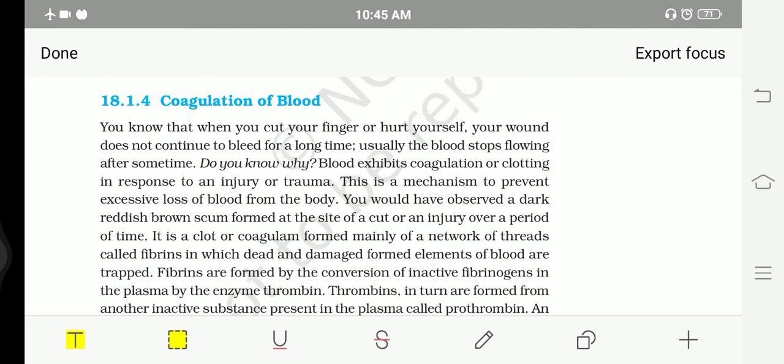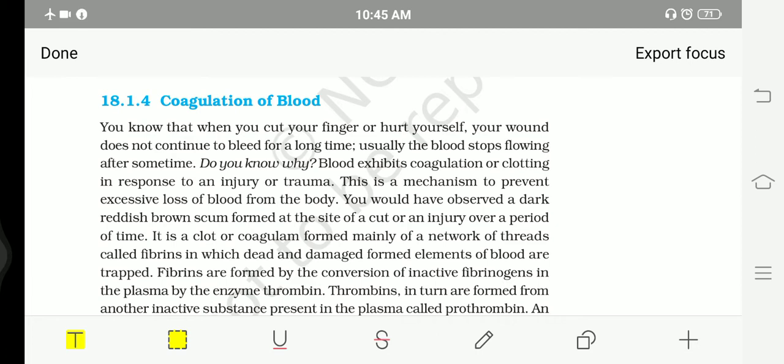Those substances from the injured cells attract the blood platelets and form a clot at the site where the injury occurs. Let us study how the blood clotting mechanism takes place.